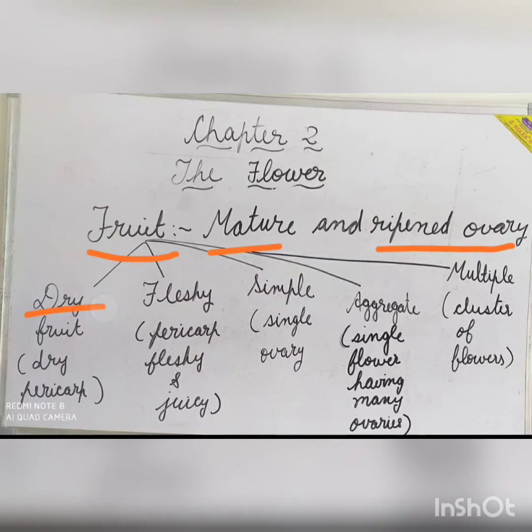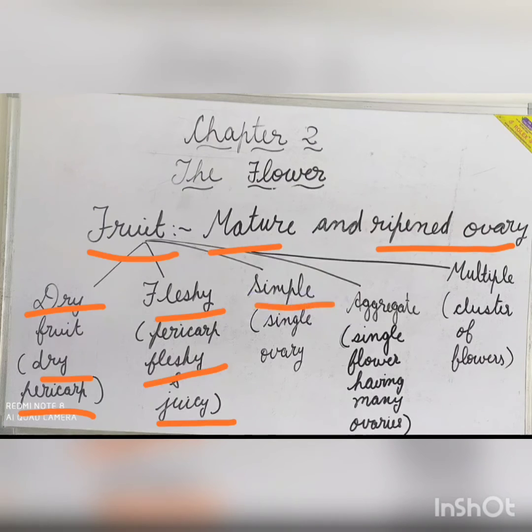Dry fruit. When the pericarp of the fruit is dry, then it is called a dry fruit. All the nuts are examples of the dry fruit. Fleshy fruit. When the entire pericarp or its part becomes fleshy and juicy on ripening, then it is called a fleshy fruit, like mango and papaya.